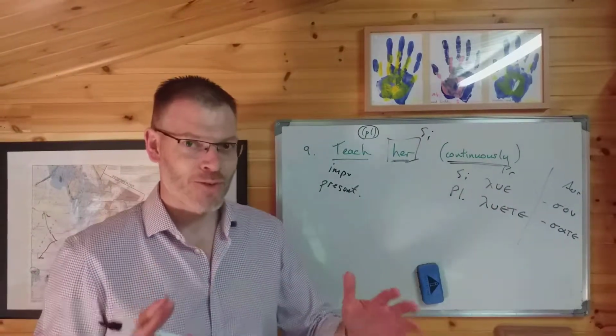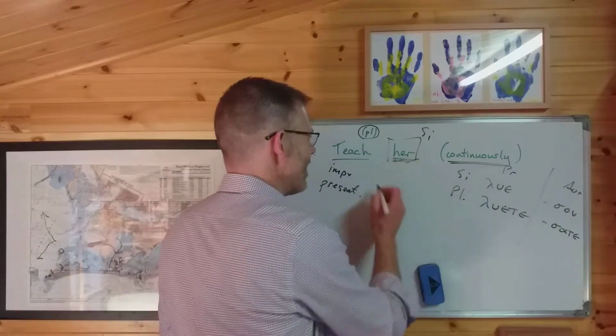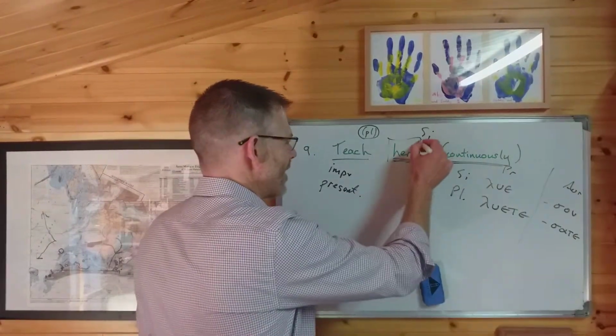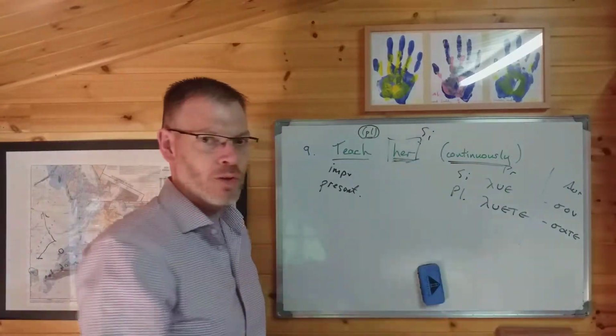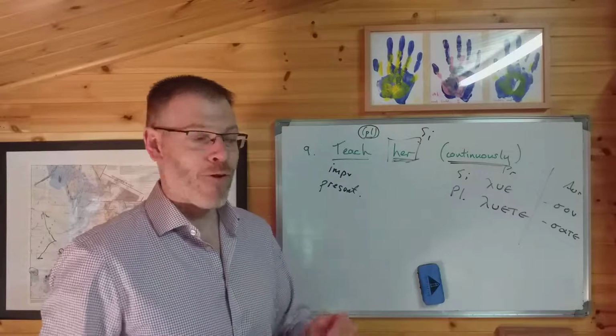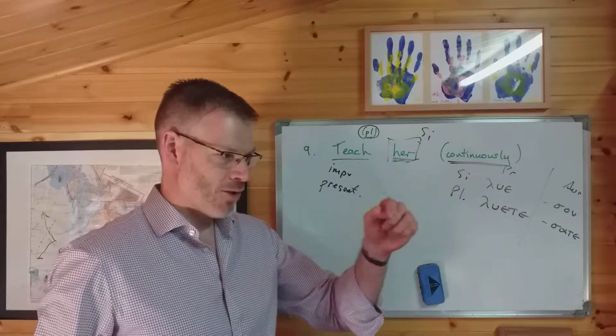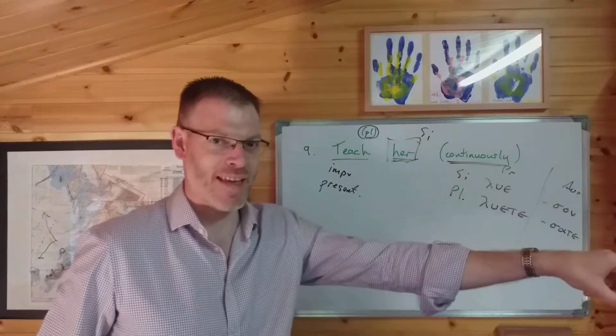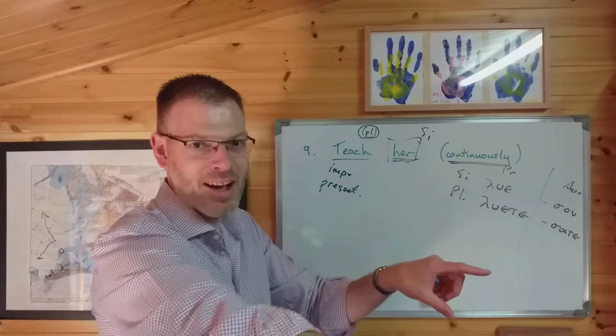Of course, you don't want a singular imperative because of this. There's no conflict between this being singular and this being plural. The imperative verb gets its number from the number of the person or the people who are being addressed by it. Nothing to do with what they're being asked to do.